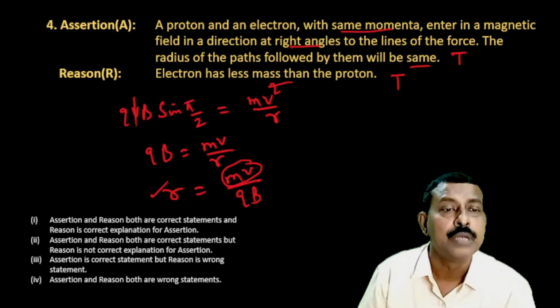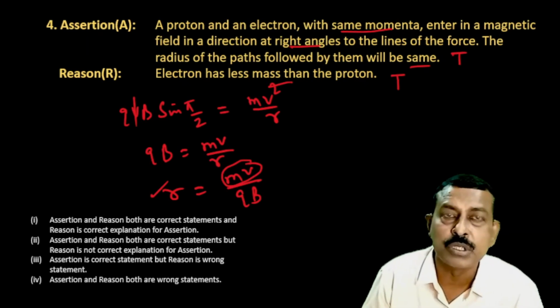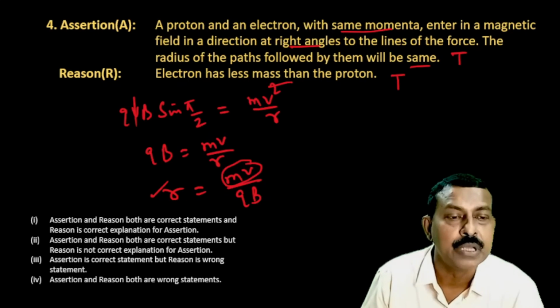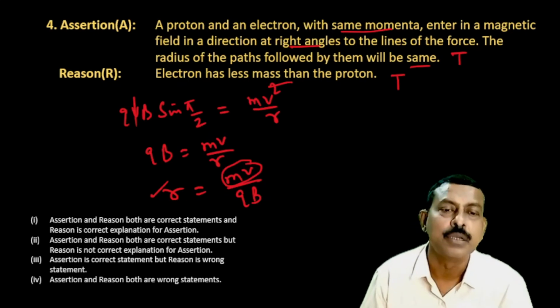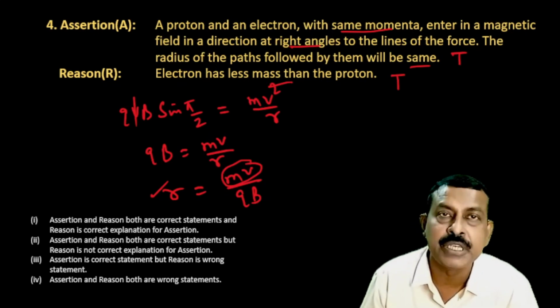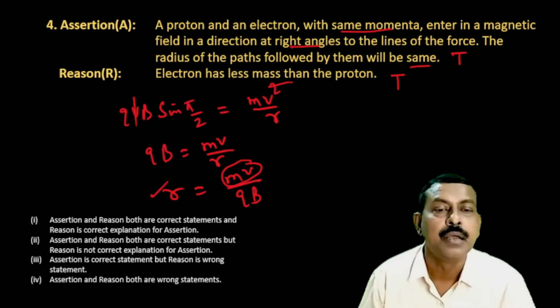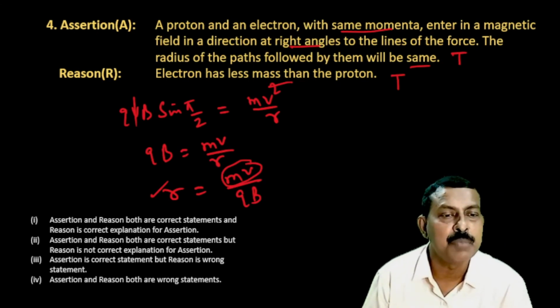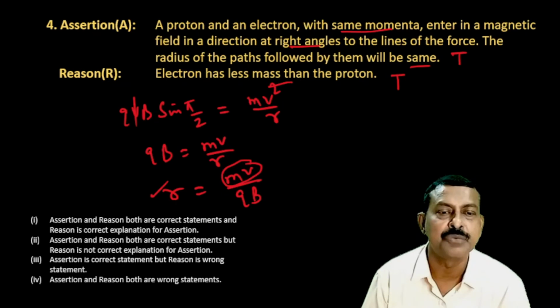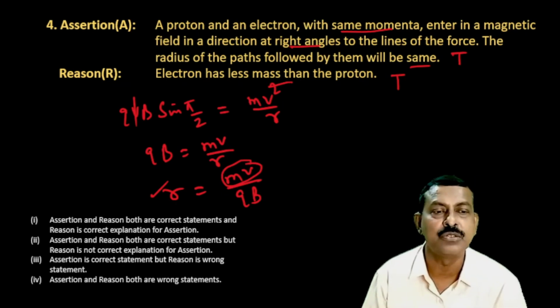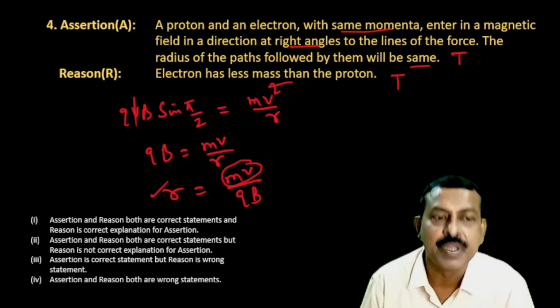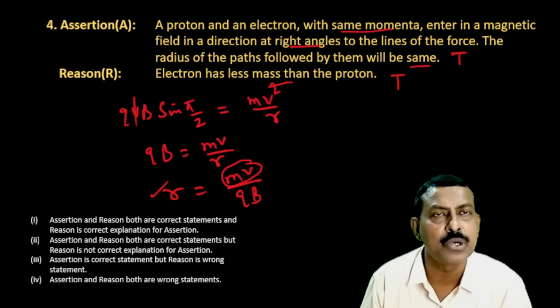But now, once we have seen that both statements are true, let's go back to the reason part. A proton and electron with the same momenta enter the magnetic field in a direction at right angle to the lines of force. The radius of the path followed by them will be the same because electron has less mass than proton.